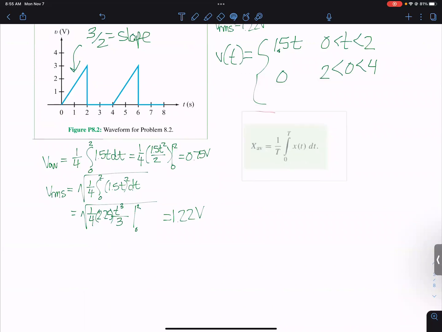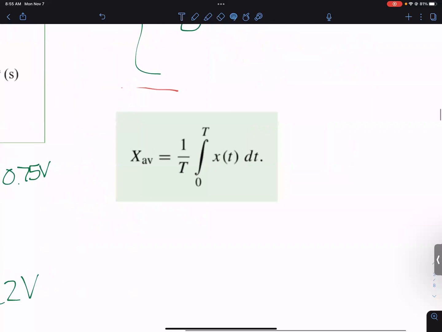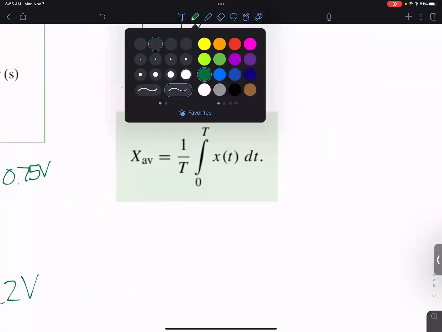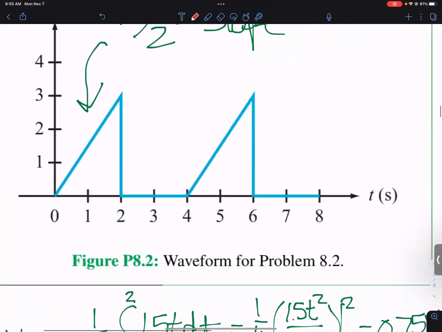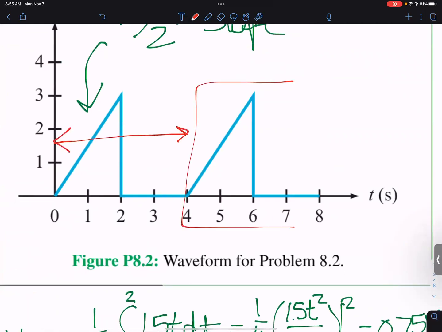So the average equation is 1/t, and t is the time period. That is how long before it repeats again. In this case, it goes up to 4, and then that portion repeats itself again. So this would be t.